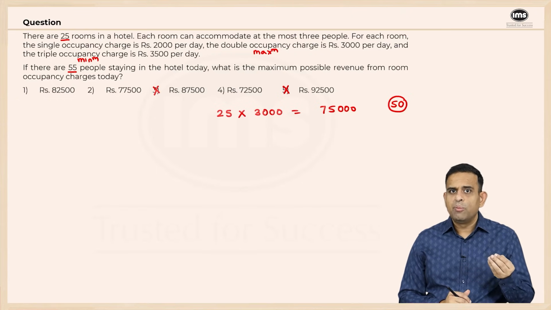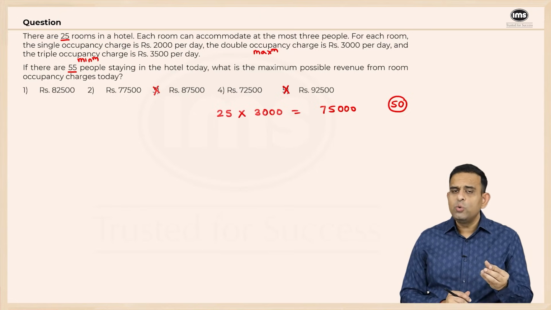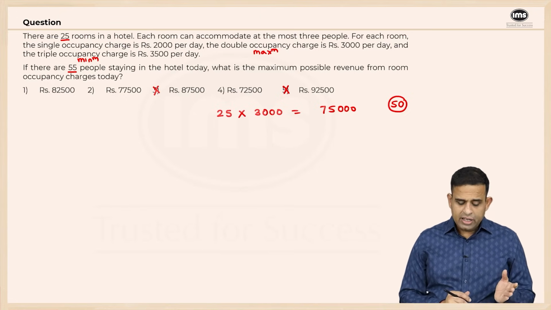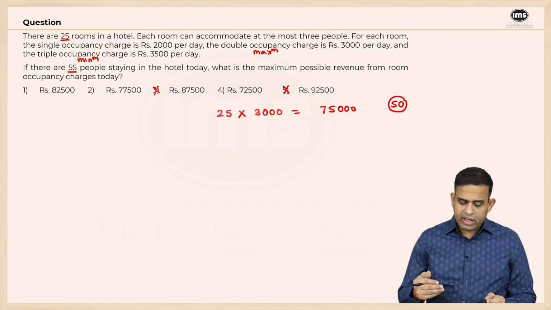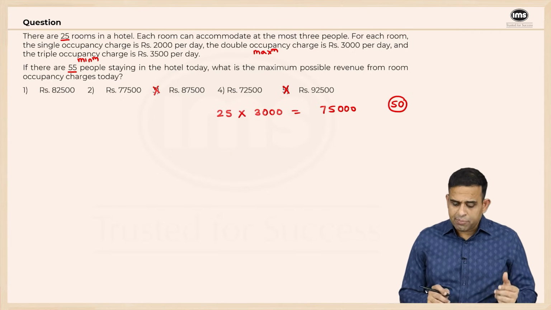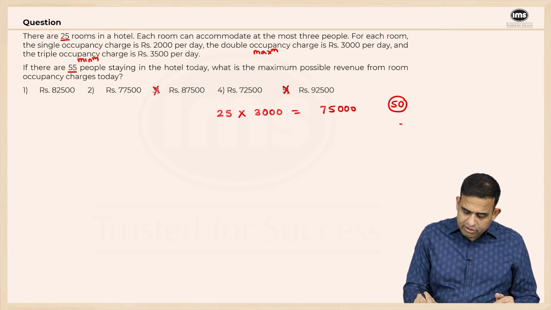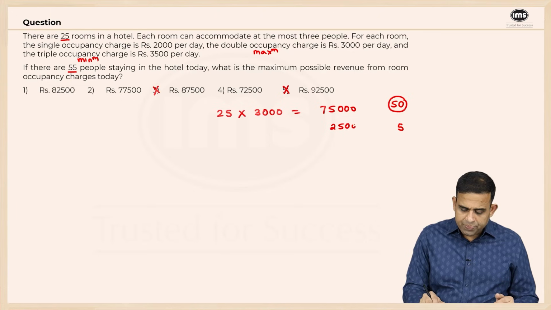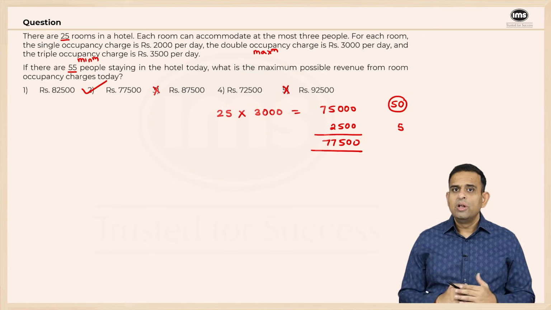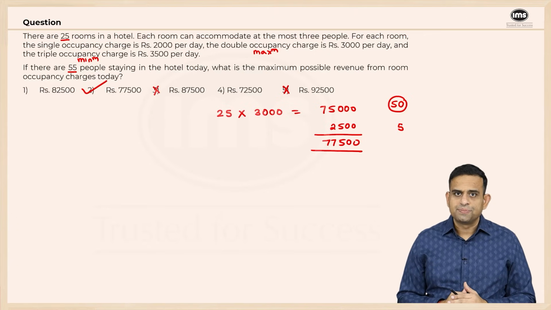In a room, I can accommodate 1 more person. That means you need to have 5 rooms which are going to be triple occupancy. And understand, for every extra person, one needs to pay an extra 500. So for these 5 extra people, I need to pay another 5 into 500, giving you an additional 2500. And this will lead to 77,500. So one can choose to mark option number 2 as the required answer for this question.